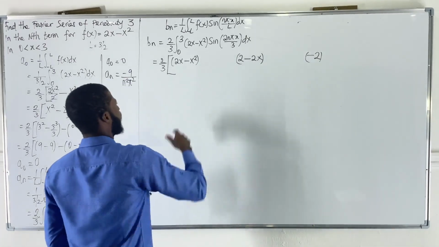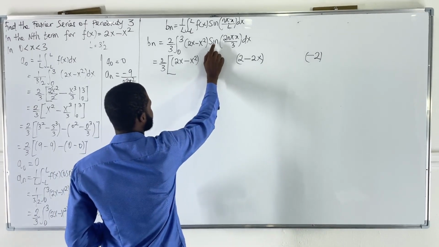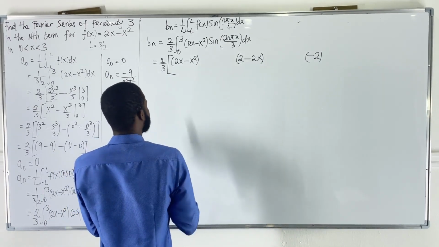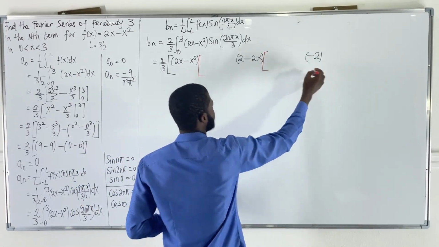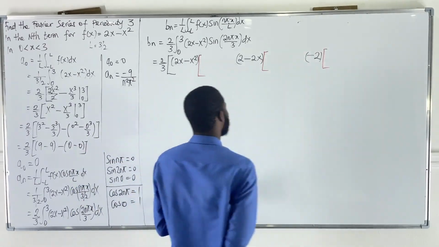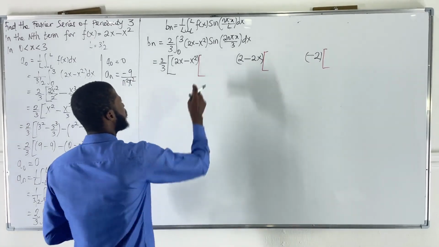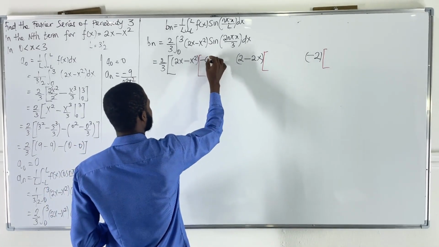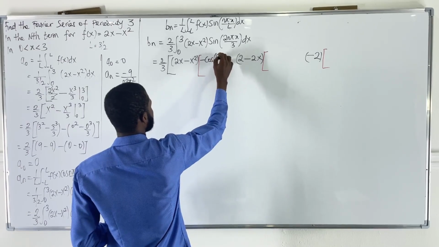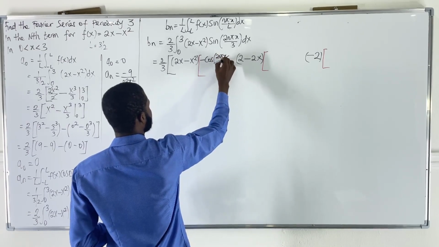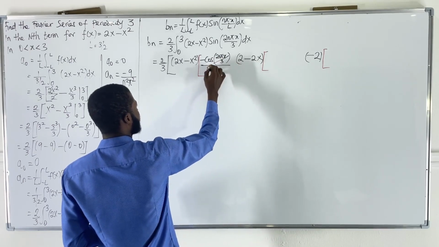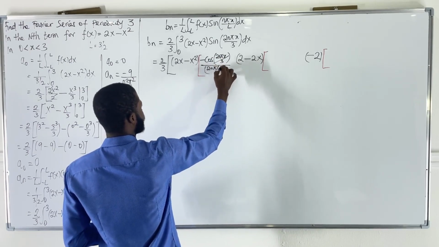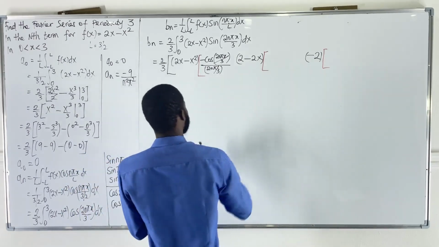Now, we're going to be integrating sine. To integrate sine, let me open up brackets for it everywhere. If you integrate sine, you will get minus cos. So this will be minus cos 2n pi x over 3, divided by 2n pi over 3, because when you differentiate this angle you get 2n pi over 3. It will be at the bottom. Then close this up.